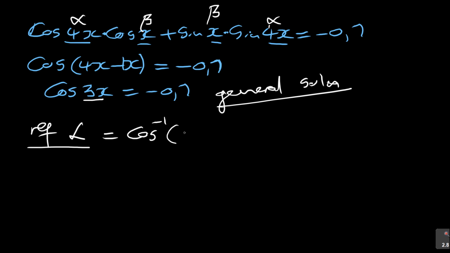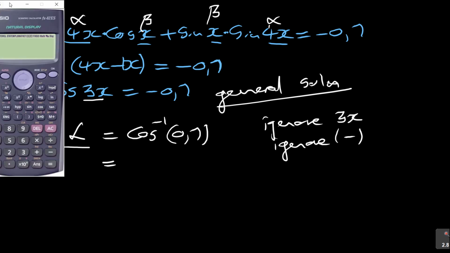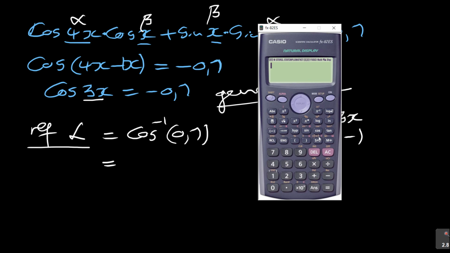Ignore 3x and ignore the negative sign. You focus on the reference angle. Now when you do that, you're looking for arc cos 0.7. Shift arc cos 0.7. That's why it's called the reference angle. It is 45.57 in 2 decimal places.